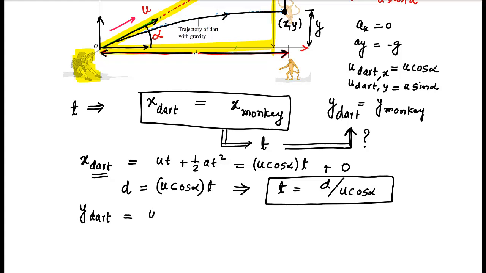Again, I will use the same formula, ut plus half at square. In this case, initial velocity in the y direction is nothing but u sin alpha. So this is u sin alpha times t plus half g t square. Now acceleration in the y direction is negative because my y-axis is in the upward direction, and this multiplied by t square.